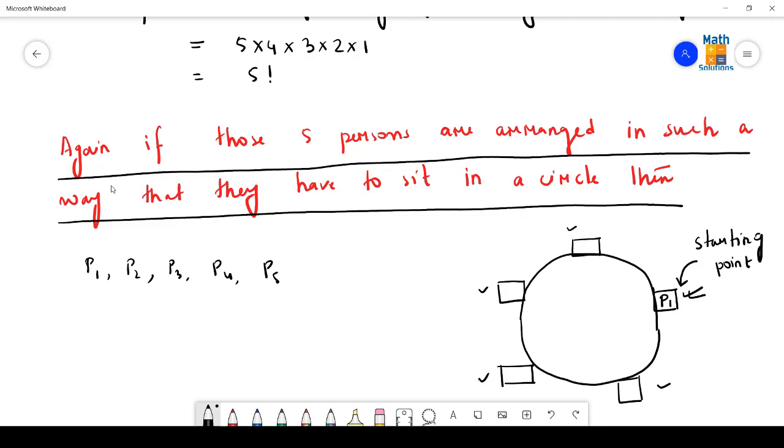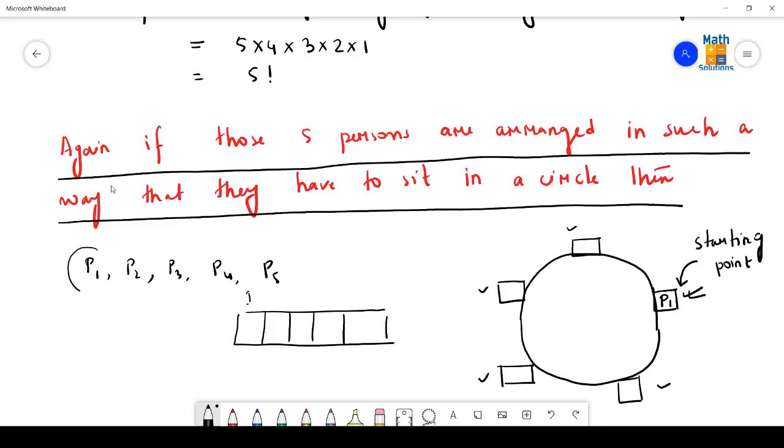Suppose in the case of linear permutation, we are making this arrangement, say this is the 5 arrangement. Suppose we are told that the first person's seat is to be fixed. Say the first person should always sit in the first place.